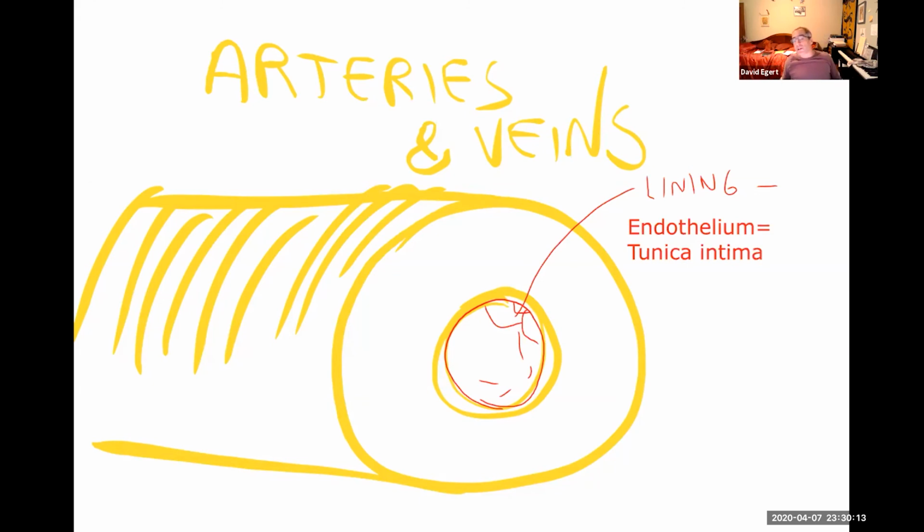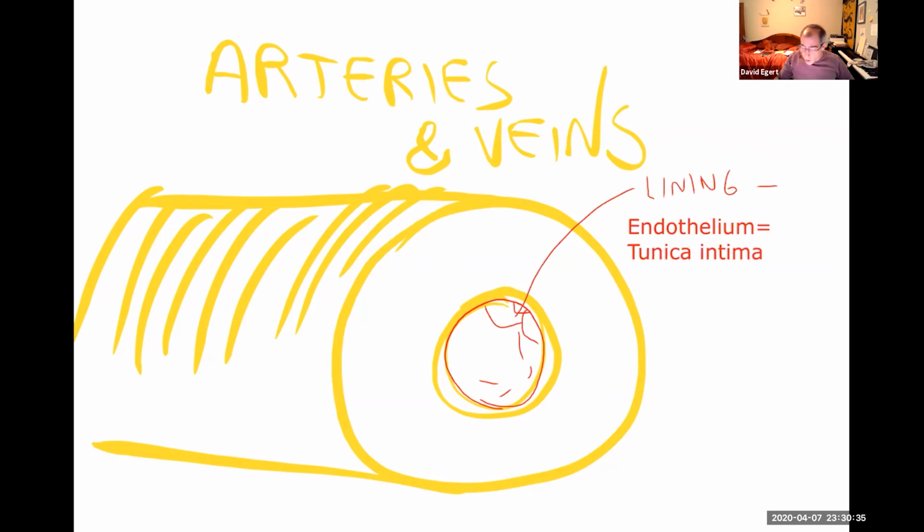Sometimes they'll call it endothelium. It's the same thing. It's just the simple squamous epithelium that lines all blood vessels and capillaries, as well as lining the inside of the heart. So endothelium, tunica intima.